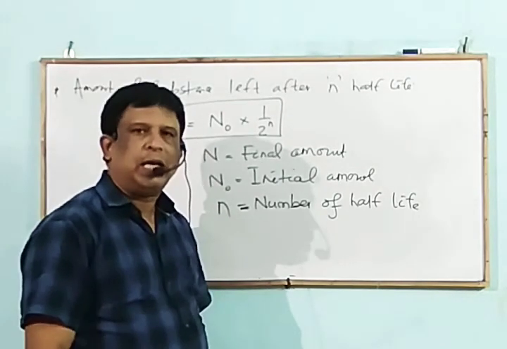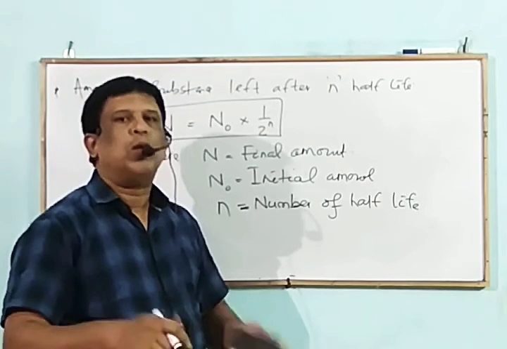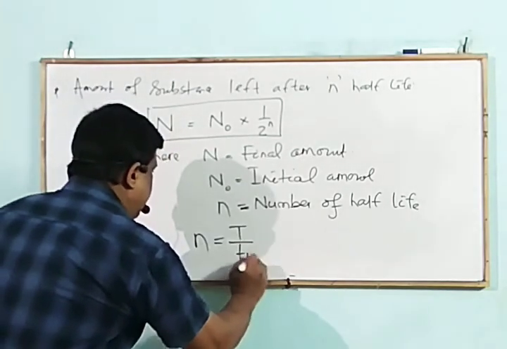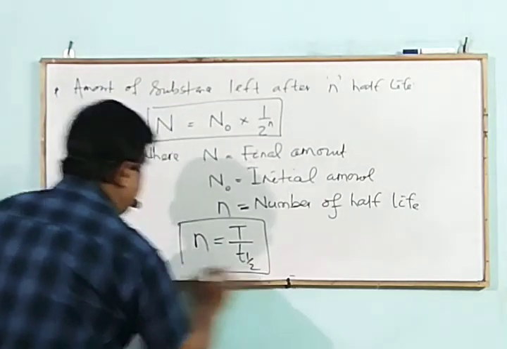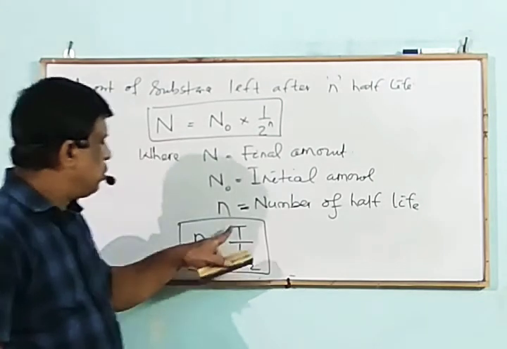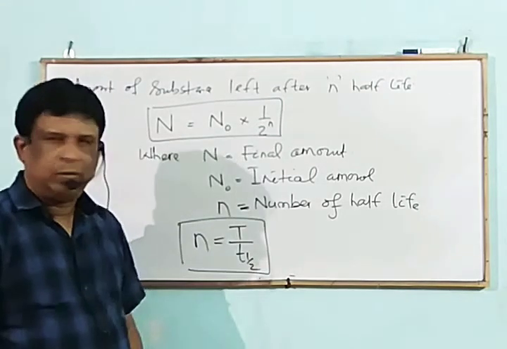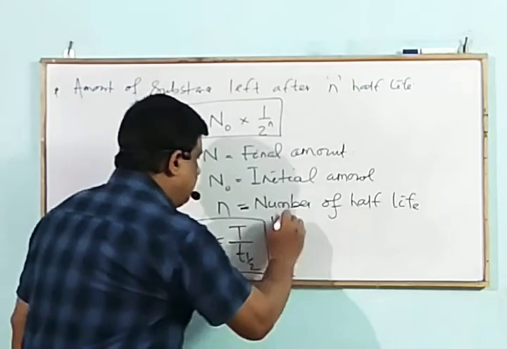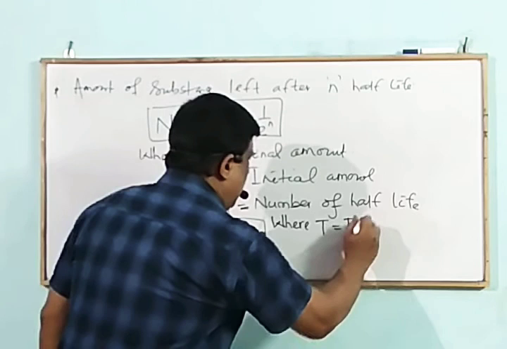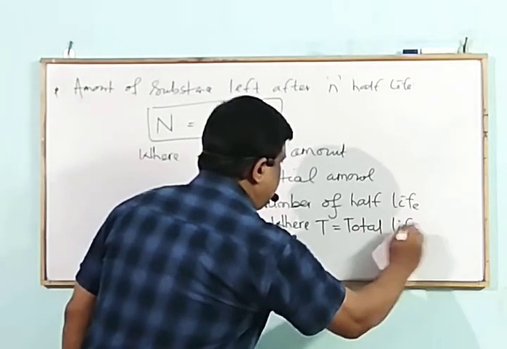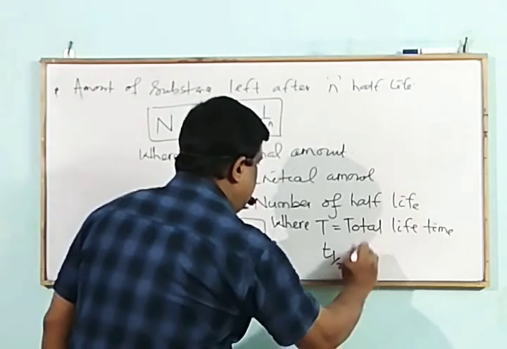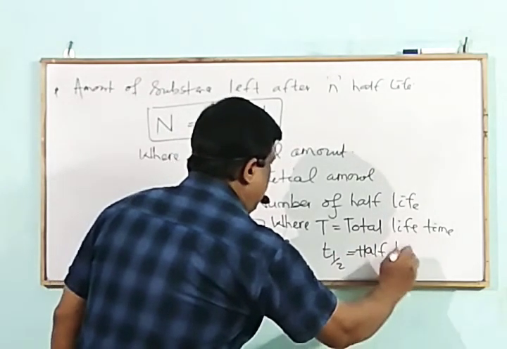Again, another formula is there. How do we calculate the number of half lives? n is equal to capital T by t half. Mark that. Where capital T is the total lifetime and t half is the half lifetime.